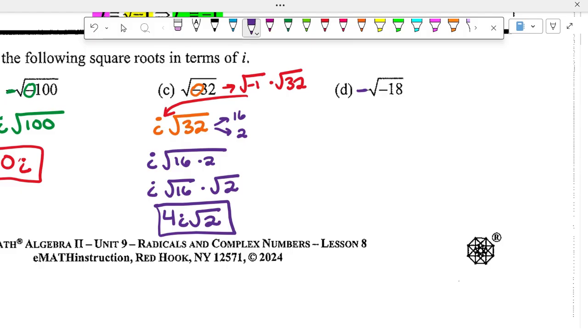So, what is my first step? Micah. So, with letter D, before I even start simplifying, I need to do what first to get rid of this negative underneath?